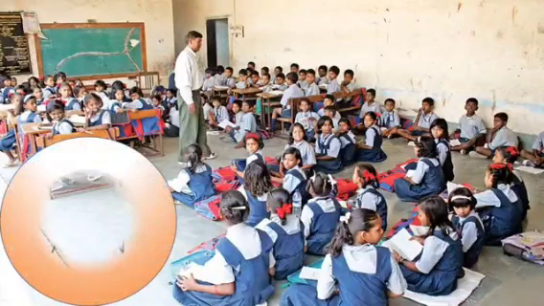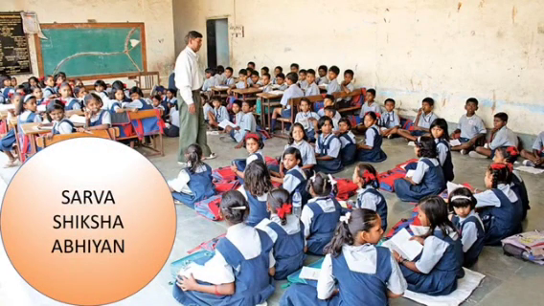The next scheme introduced by the government is called the Sarva Shiksha Abhiyan. Now, this is introduced by the government to help in the universalization of primary education. It is important that every child has the right to education.